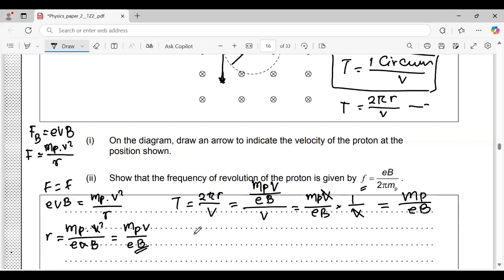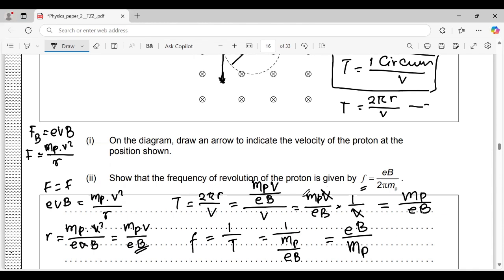To find the frequency, f equals 1 over T. So it becomes 1 over this fraction, which is eB over 2 pi mp.